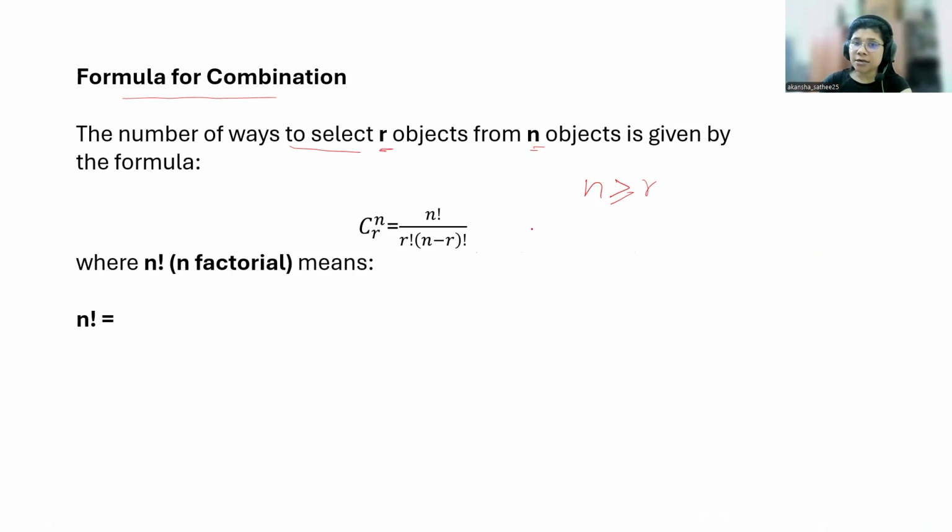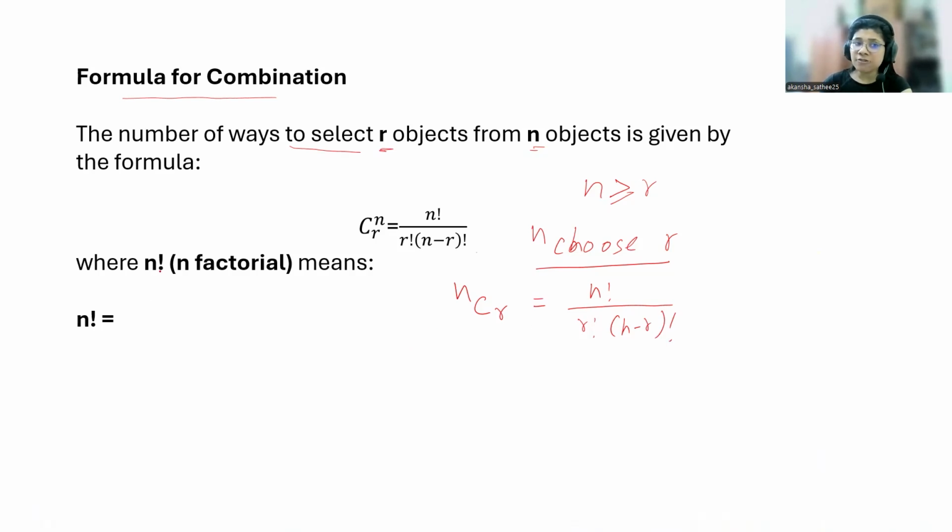We call it N choose R, and we write it as NCR. The formula is factorial N upon factorial R times factorial N minus R.